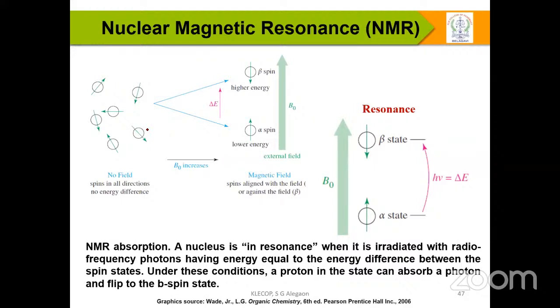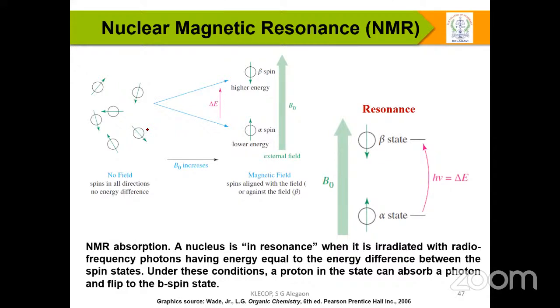A molecule is in resonance when it is irradiated with radio frequency photons having energy equal to the energy difference between the spin states. Under these conditions, a proton in the alpha state can absorb the photon and flip to the beta state.